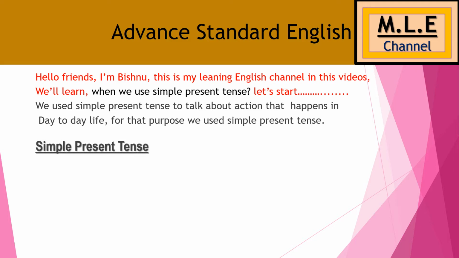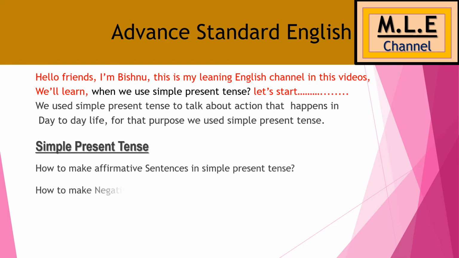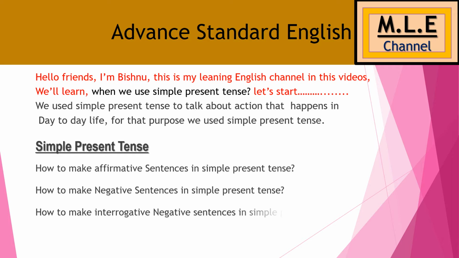In these videos, we will learn how to make affirmative sentences, how to make negative sentences, how to make interrogative negative sentences, and how to make questions in simple present tense.